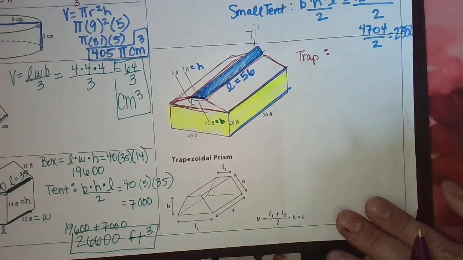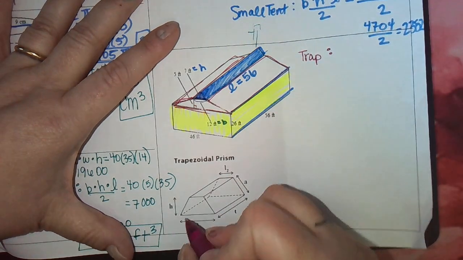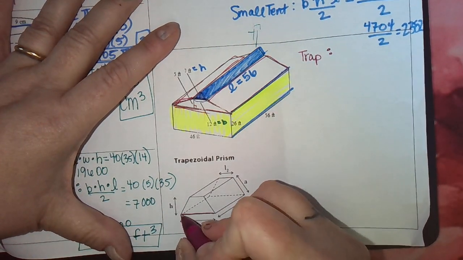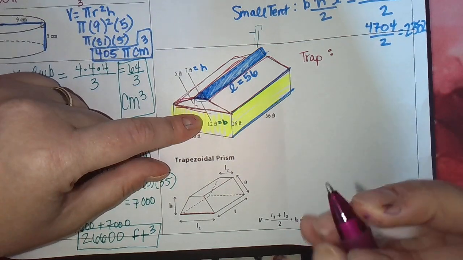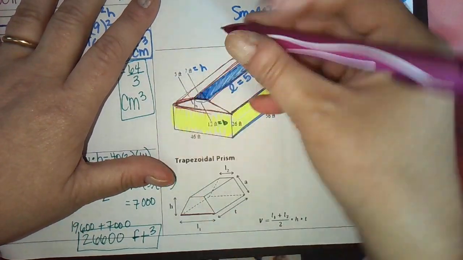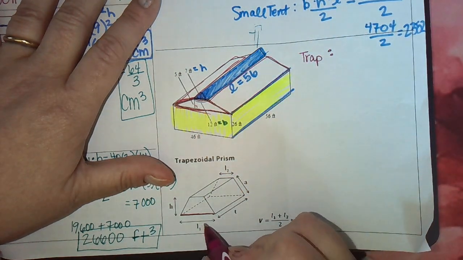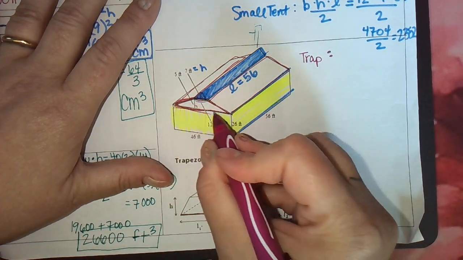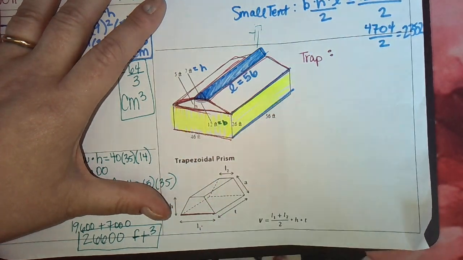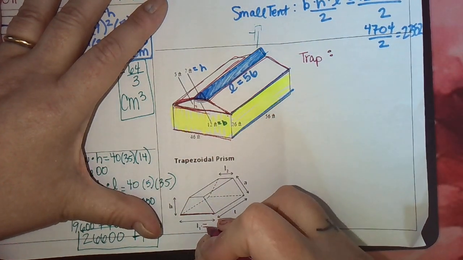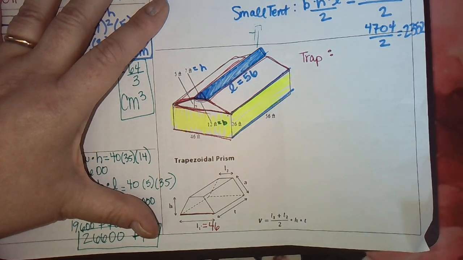Okay, L1 is how long the base of that trapezoid is. So let's look at our trapezoid. Here it is. And how long is it across the front? Well, it's the same as how long the bottom is, 46. So our L1 is 46. Okay, let's figure out L2.